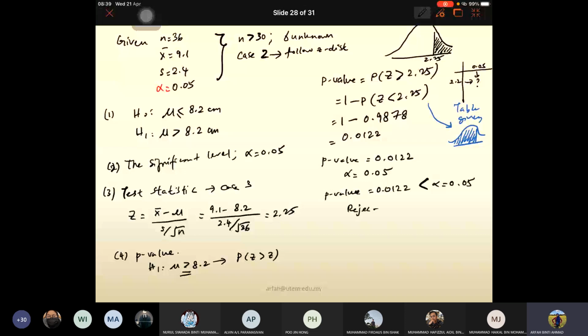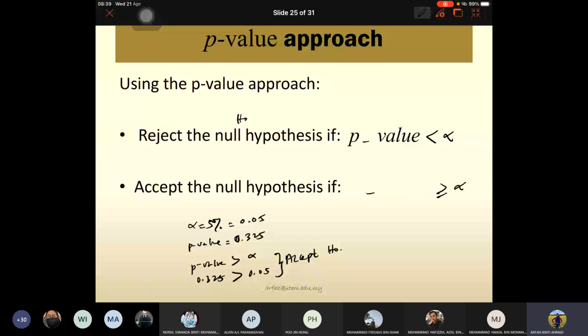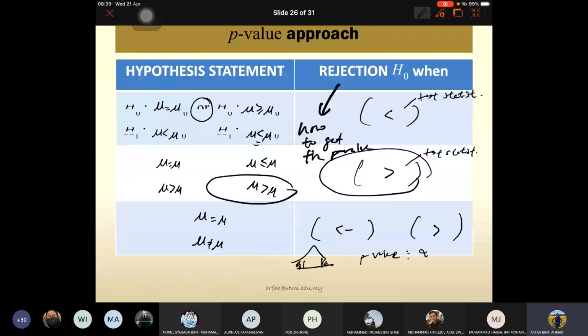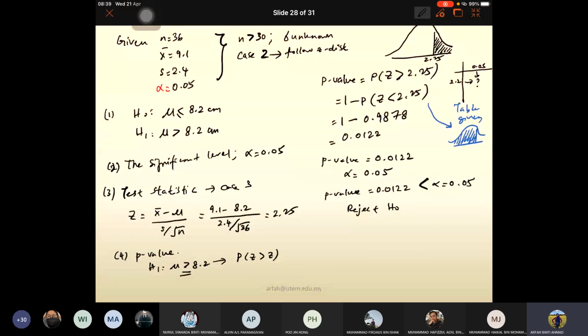So reject H0. Okay. Because it says here the decision is we reject H0 if p-value less than alpha. So in here you get the p-value less than alpha. So we will reject H0.